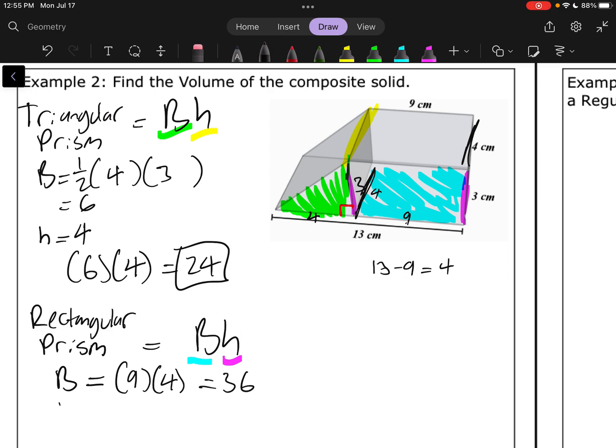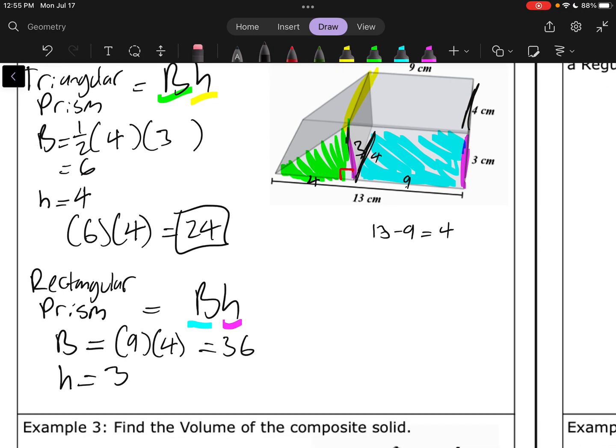So that's 36, and the height, like we said, was 3.